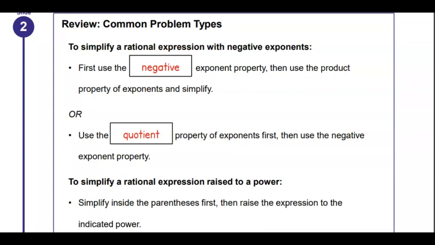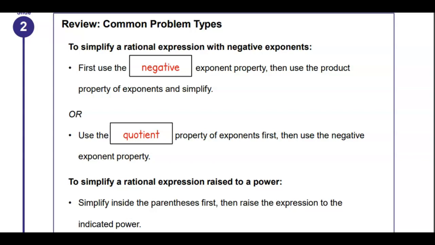Now let's review common problem types. To simplify rational expressions with negative exponents, first use the negative exponent property, and then use the property of exponents and simplify. Or you can use the quotient property of exponents first, and then use the negative exponent property.